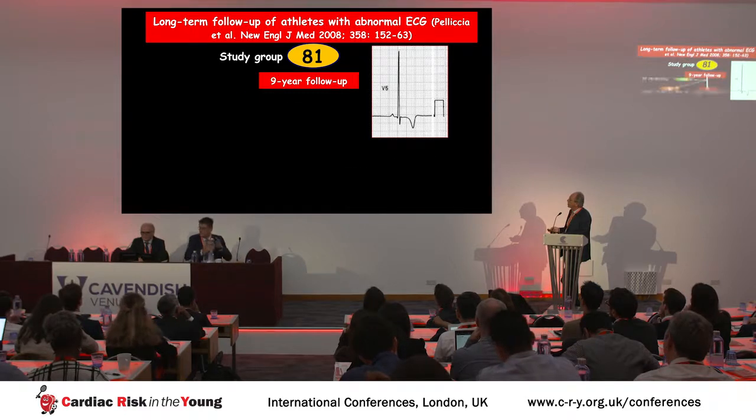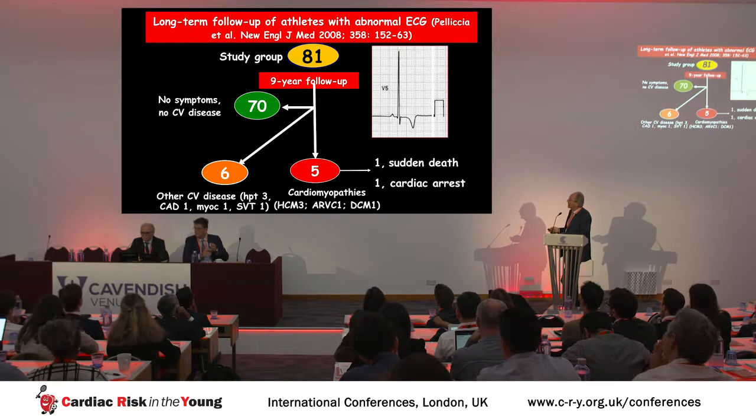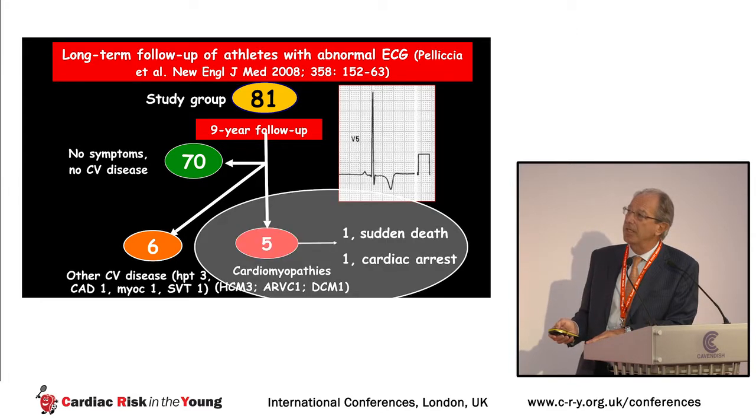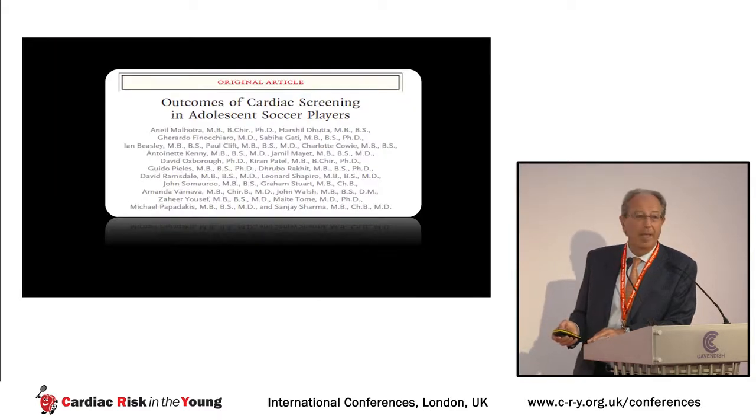So you have already seen that we had the evidence that people with this abnormal EKG, after a reasonably long period, may develop a phenotypic expression of the disease, including events. And so this suggests that people with abnormal EKG, particularly this kind of abnormal EKG, should be followed serially.